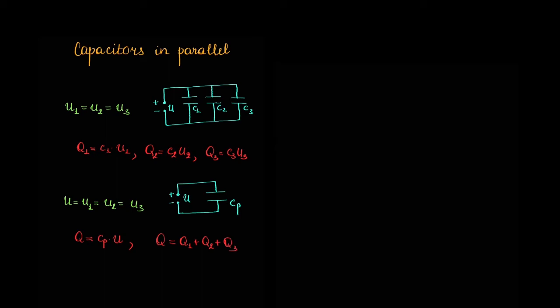Now let's substitute Cp multiplied by U instead of Q, and the other ones are just C1 U1.